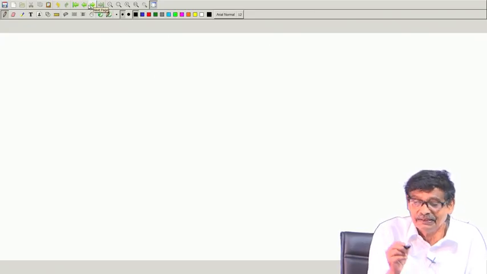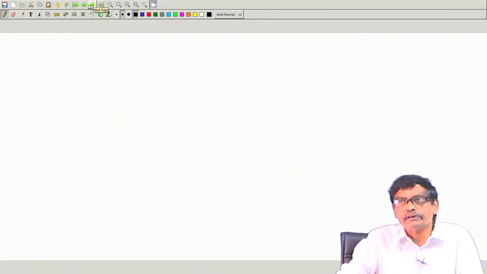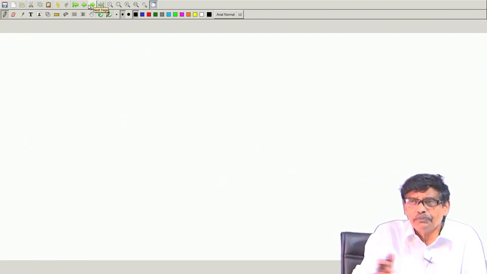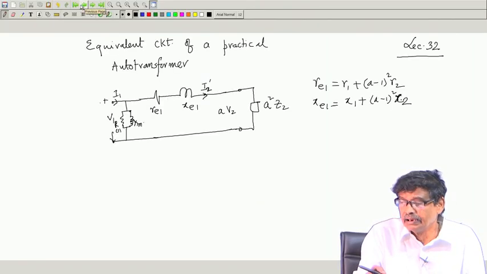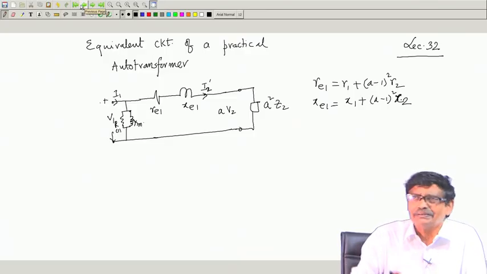We have talked about open circuit and short circuit test on a two winding transformer. Mind you, in auto transformer I am not going to those tests, but if this equivalent circuit is with you, you can easily find out these parameters by doing similar test.